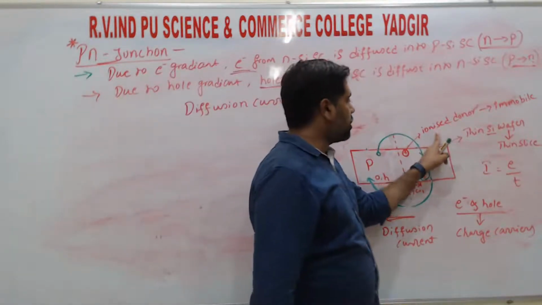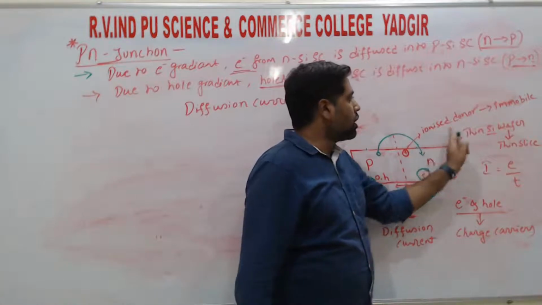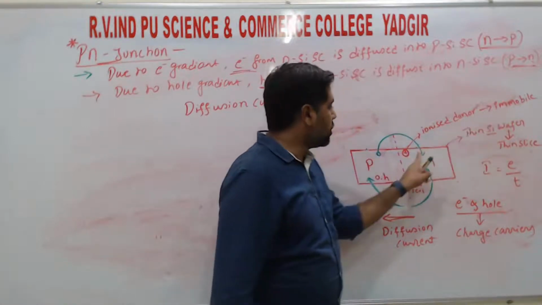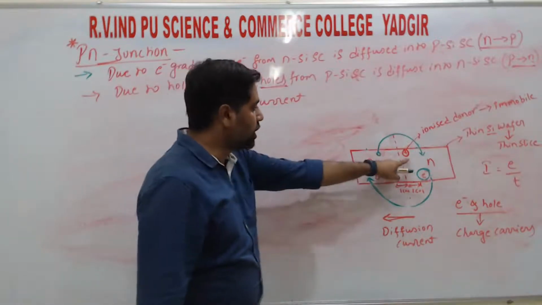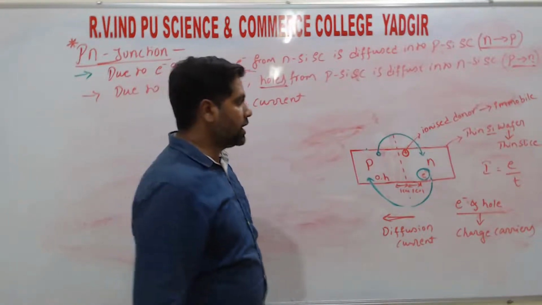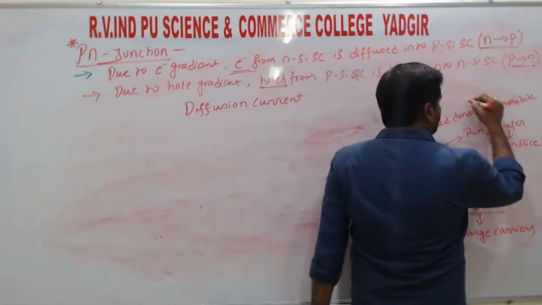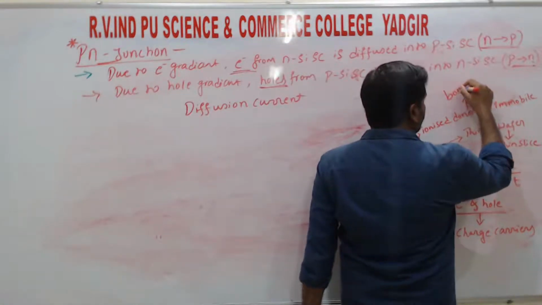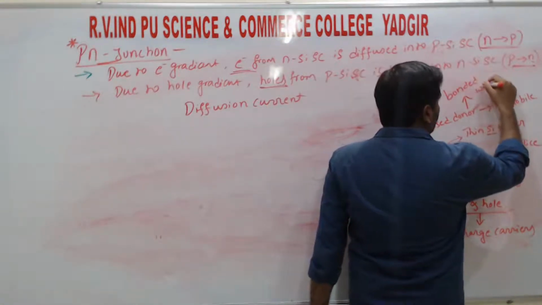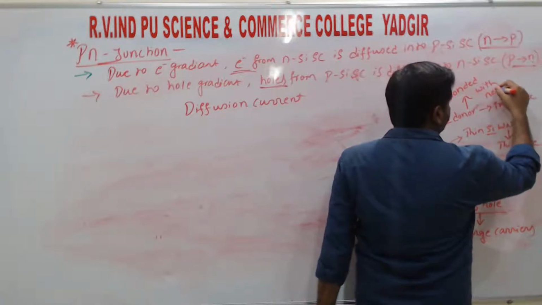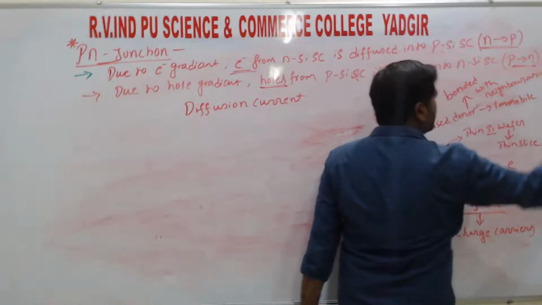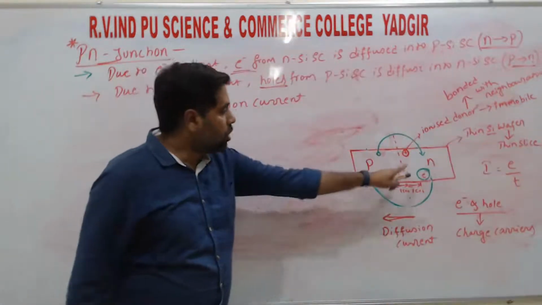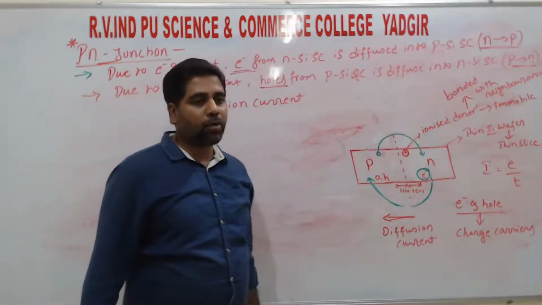So these ionized donor atoms are immobile, that means they are not able to move from one region to another region. The reason is that these ionized atoms are bonded with the neighbor atoms.